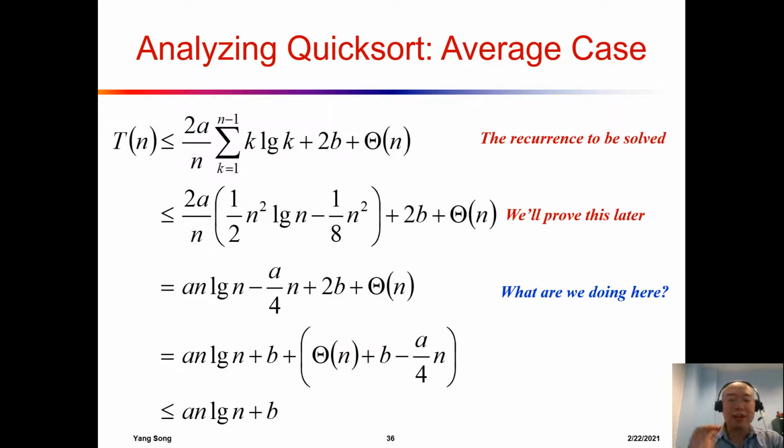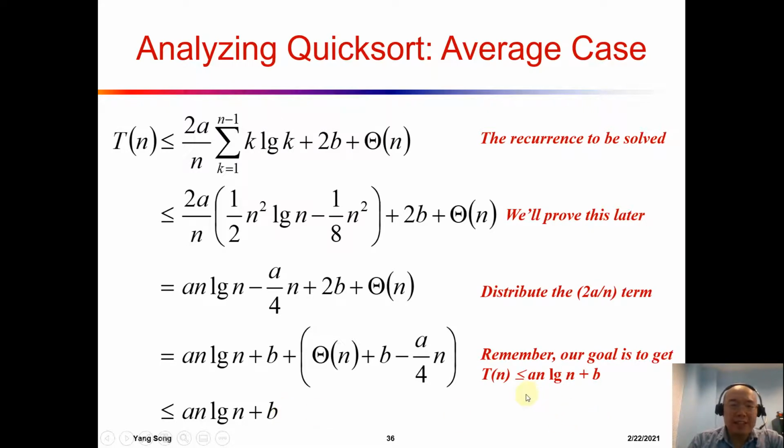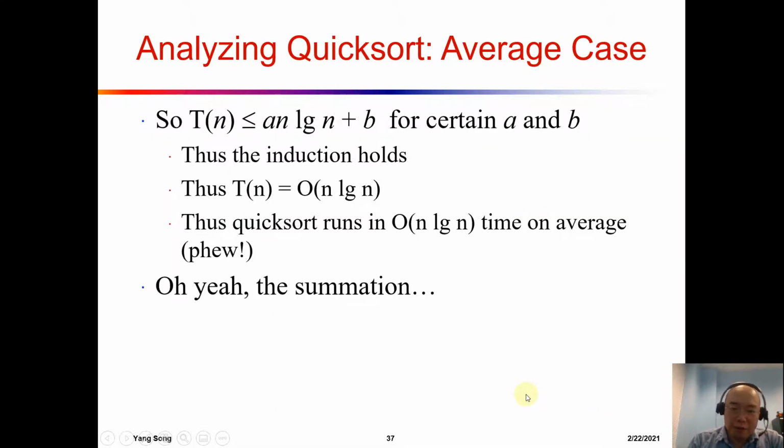That is linear in n. By observing that it is linear in n, we know it can be absorbed by this A n log n, because n log n grows faster than linear. So eventually we are able to prove that for the Tn, it has an upper bound of A n log n plus B. What does that mean? This means this is an n log n algorithm, right?